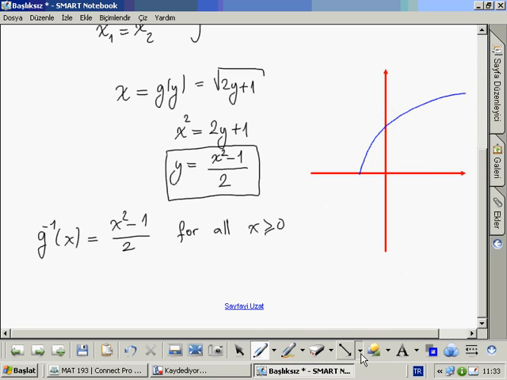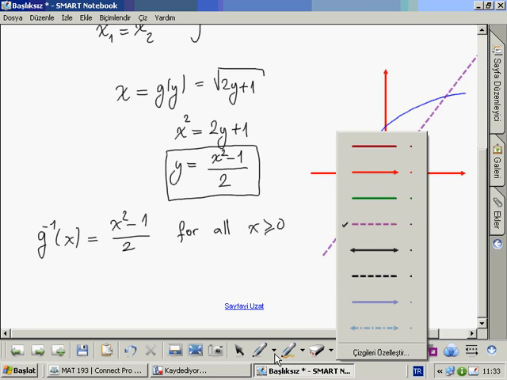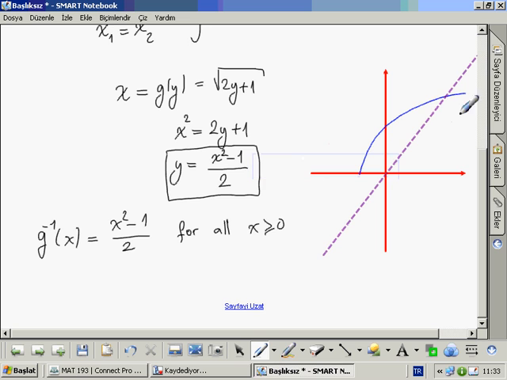This is y equals x, and this will be the inverse g of x, and the blue one is the g of x function.